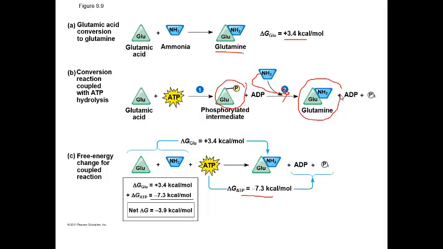So you can see that these two reactions are linked together, or technically we would call them coupled. We have an exergonic reaction coupled to an endergonic reaction. The exergonic reaction is the hydrolysis of ATP. This exergonic reaction is going to be linked to the endergonic reaction, linking these two reactants together.